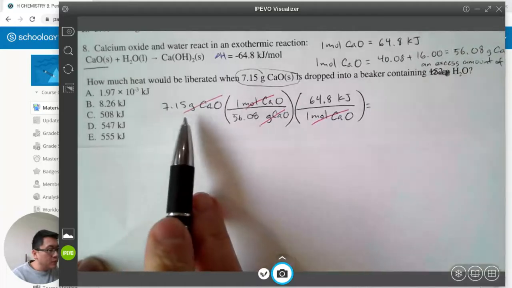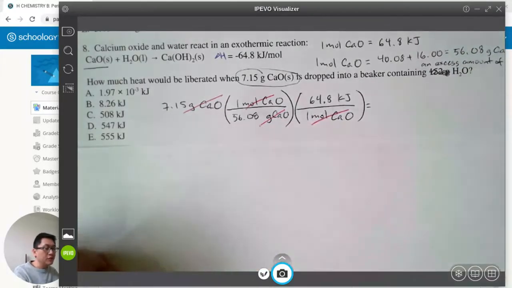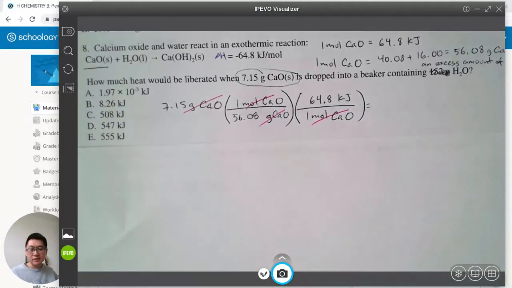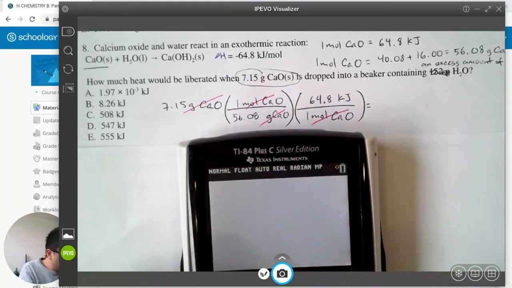It'll be 7.15 divided by 56.08 times 64.8. And what is the answer? Well, I don't know. Let me grab my calculator. So that was 7.15 divided by 56.08 times 64.8.